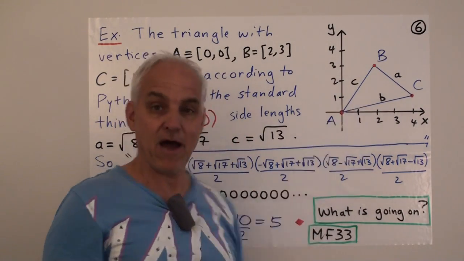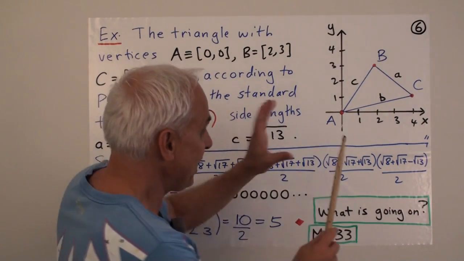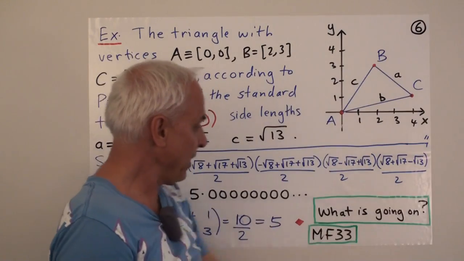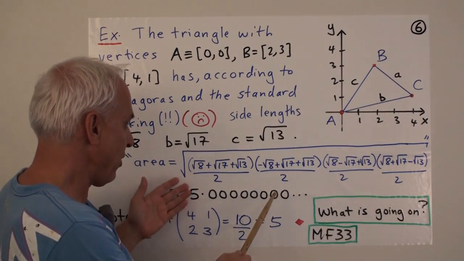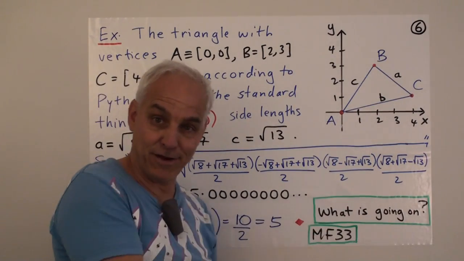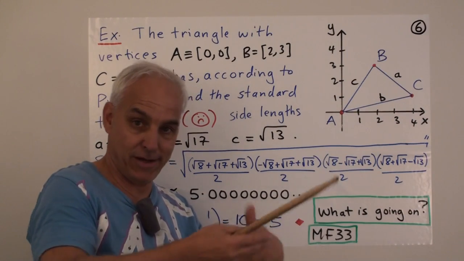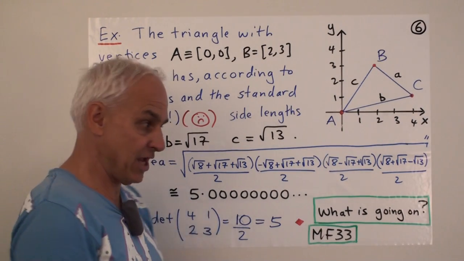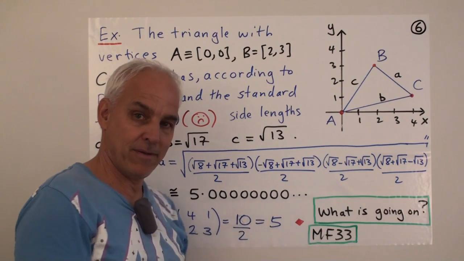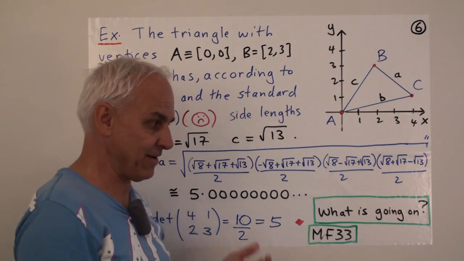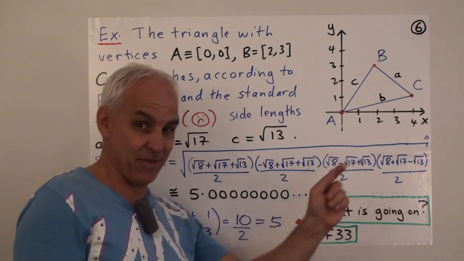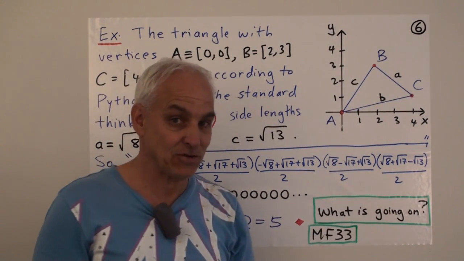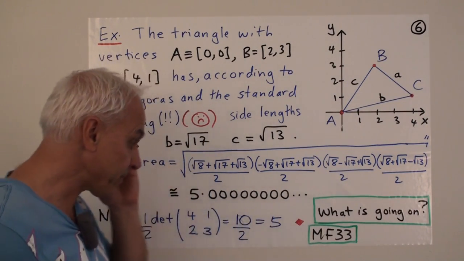So yes, we should get 5. We can see that geometrically the area is 5, and Heron's formula is somehow using a lot of irrationalities which magically kind of cancel themselves out in some mysterious fashion to get that same rational answer, even though it's not clear that it's rational from Heron's formula. Heron's formula doesn't immediately suggest to us that this is actually a rational number.